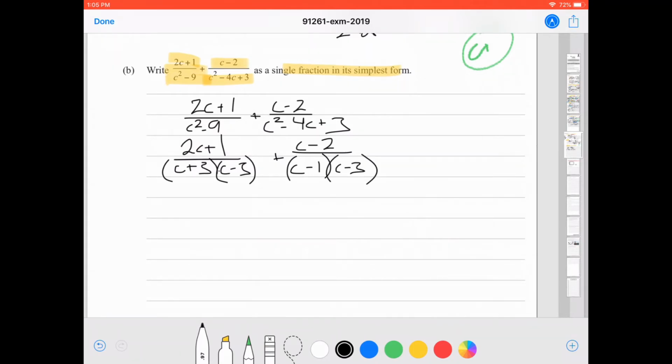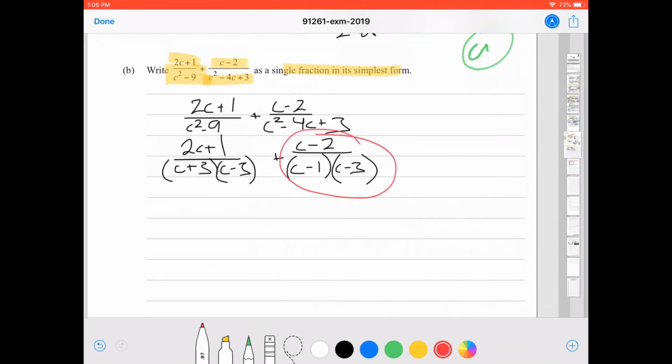And so we're talking about combining these two fractions into a single fraction. Well, if we're adding the fractions, that means we need our denominators to be the same. And so our denominators are already similar. This first fraction, our denominator is c plus 3 and c minus 3. For our second one, c minus 1 and c minus 3.